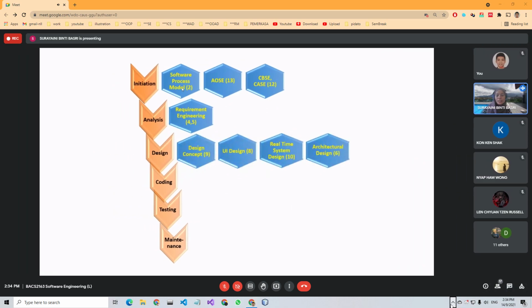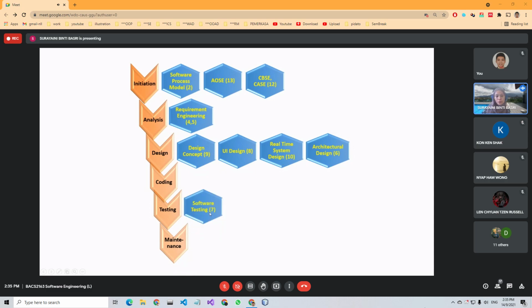After that, in design, there are a lot of chapters that only talk about design. So far we have covered design concept, chapter 9, UI design, chapter 8, architectural design, chapter 6, and today we will cover real-time system design.